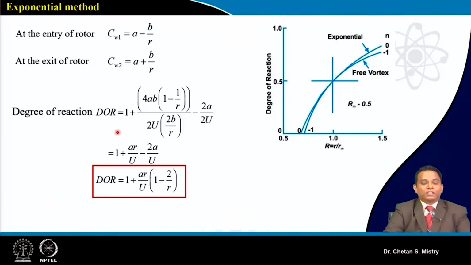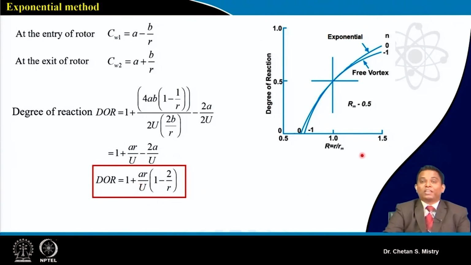From my fundamental equation, I can write down my CW1 and CW2, and if I put these CW1 and CW2 into the degree of reaction equation, it says my degree of reaction is varying with my radius.